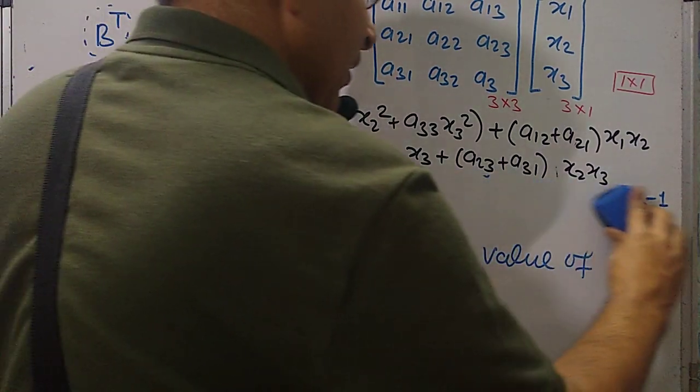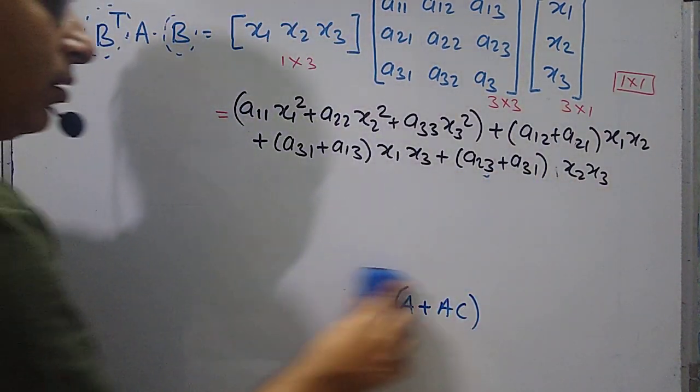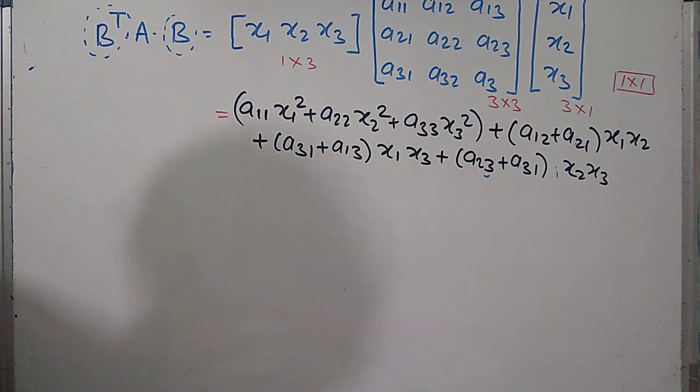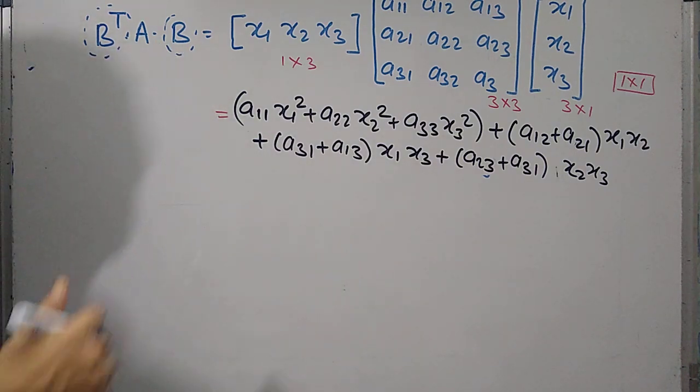Now this is a null matrix for all column matrices B.